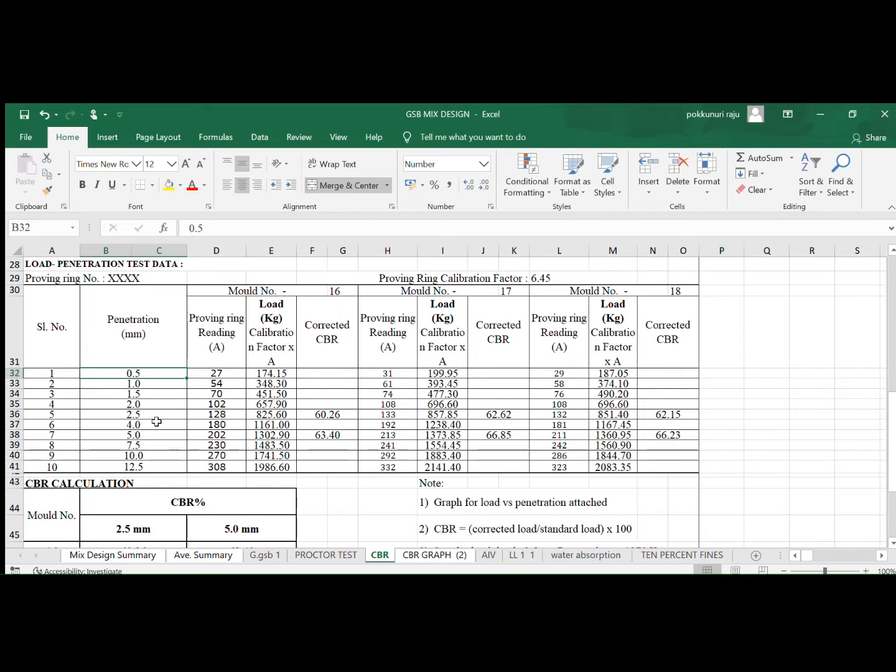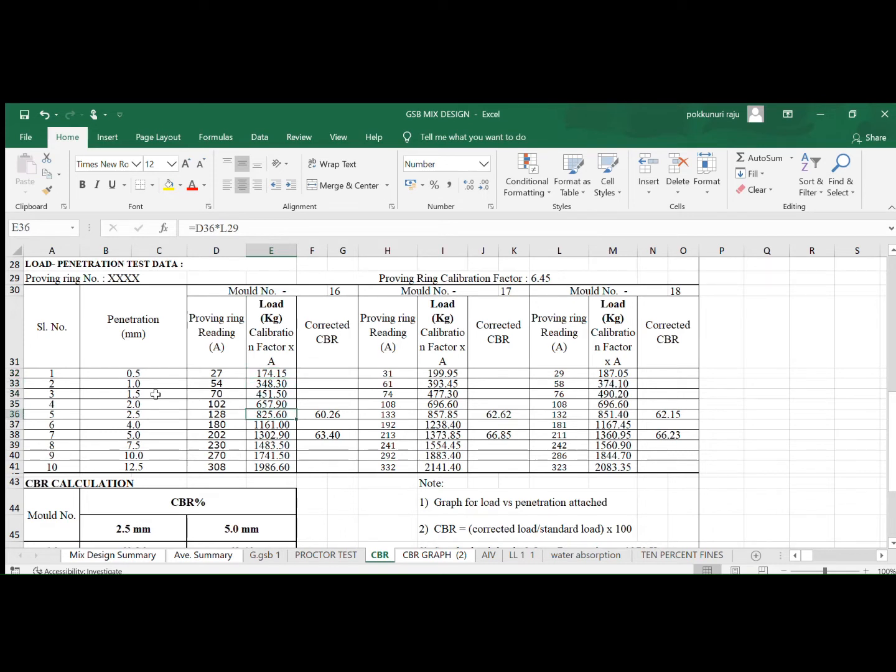So for each penetration, starting from 0.5, 1, 1.5, 2, 2.5, 5, 7.5, 10 and 12.5, the proving ring readings were noted down. These readings, when multiplied by the calibration factor of 6.45, give you the load in kgs, which is 174.15 for 0.5 millimeter penetration.